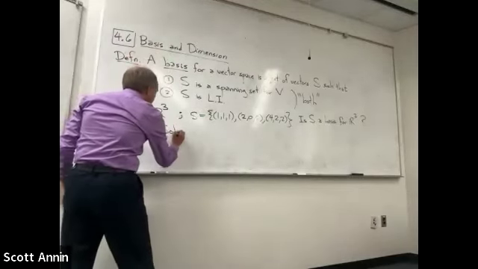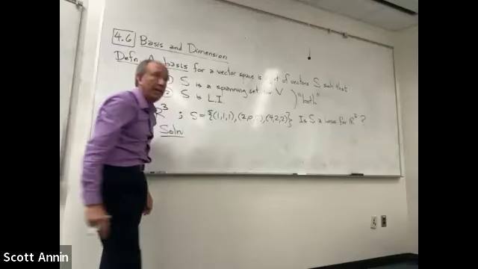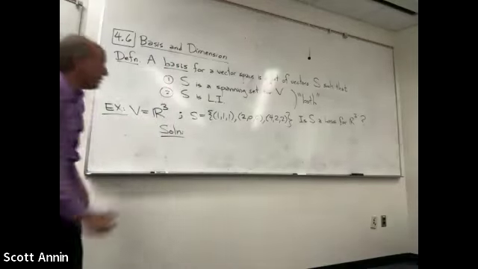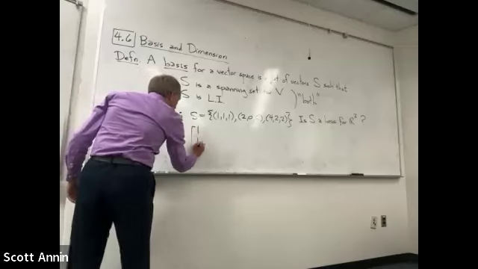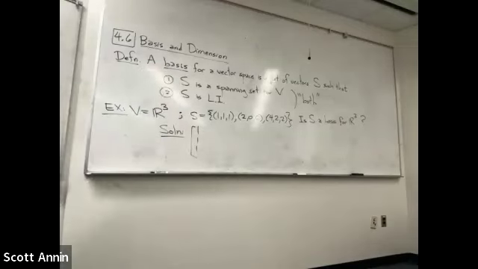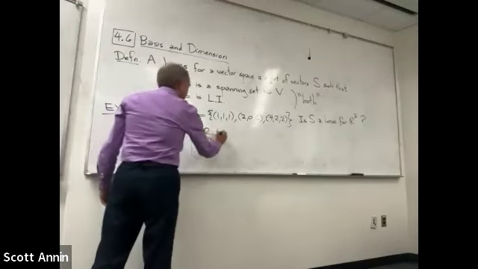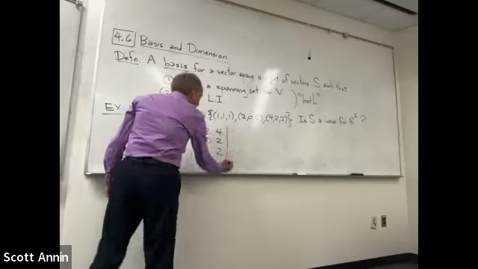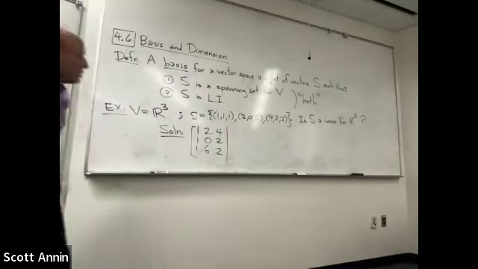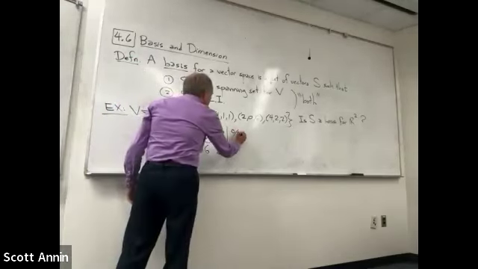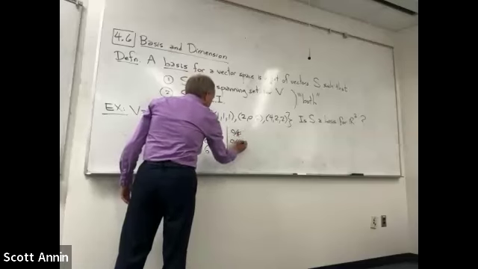The way we would do this is lay the vectors into the columns of this matrix. So (1, 1, 1), and then the second column is (2, 0, 6), and then the third column is (4, 2, 2).